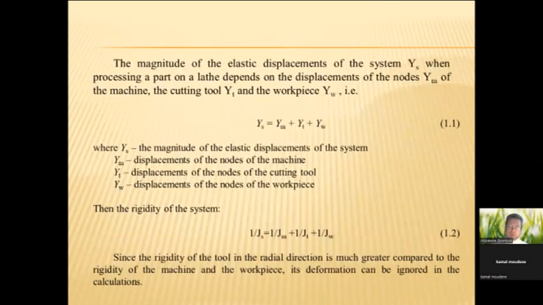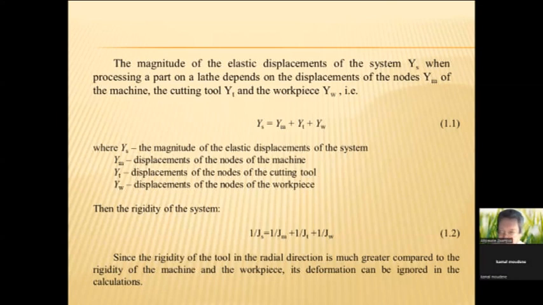The magnitude of the elastic displacement of the system, Y_S, when processing a part on a lathe depends on the displacements of the nodes Y_M of the machine, the cutting tool Y_T, and the workpiece Y_W.